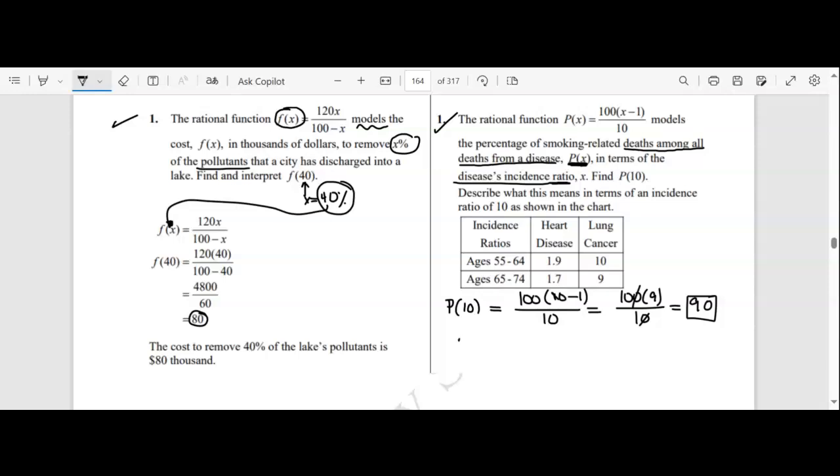As in the first line, the smoking-related deaths among all of this from a disease. 90% of all deaths from a disease are from smoking.